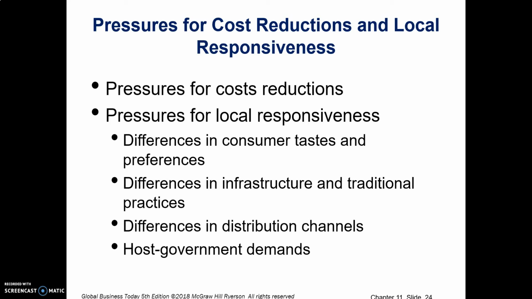And even though it may look similar, the menu looks the same more or less, there are some slight differences. But McDonald's basically is the same everywhere. It's more identical than different. But there are some slight differences in some of their products, or they may offer different products in different places as well.